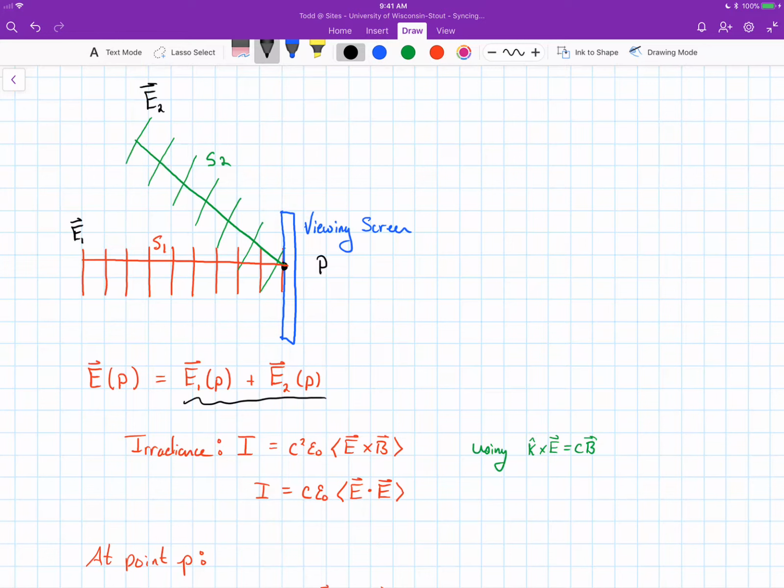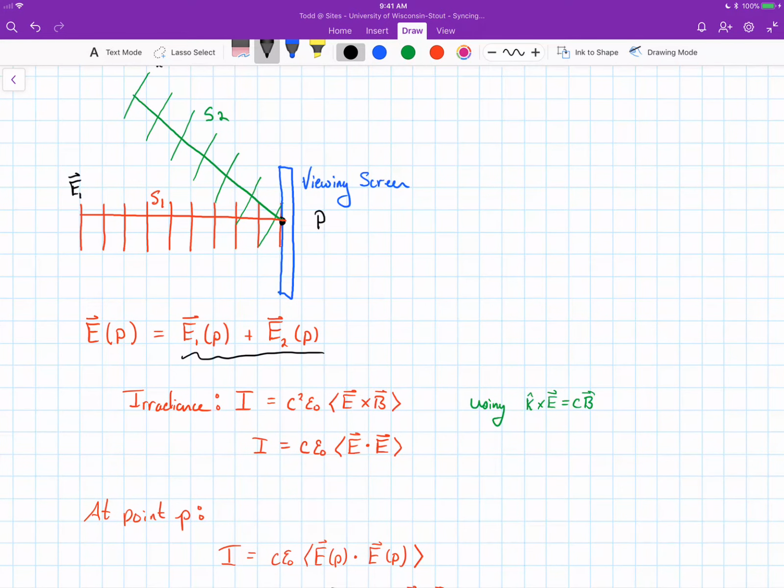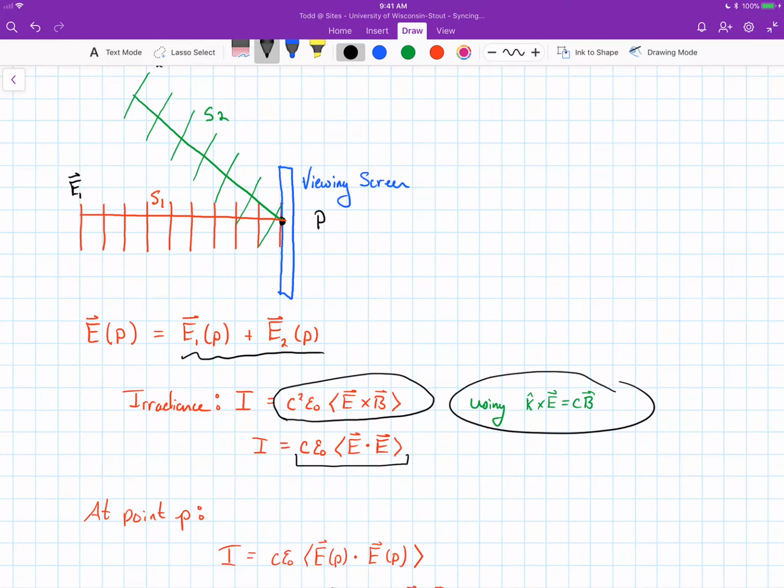Now what we actually observe, of course, is the irradiance, which we can get from the Poynting vector, which is just this term right here. But if you remember, we can rewrite the magnetic field using this relationship right here to get an equation for the irradiance strictly in terms of the electric field.